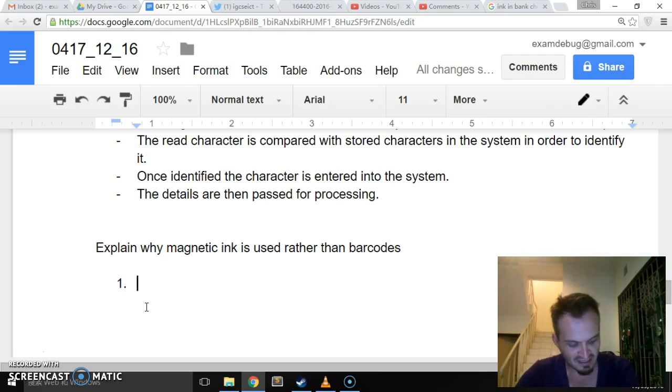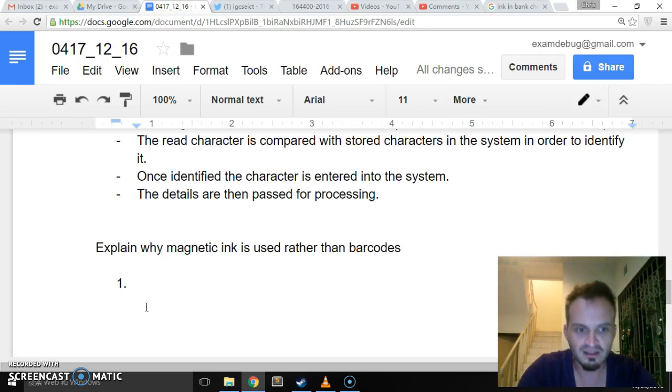Okay, and then we're on to this last little question. Explain why magnetic ink is used rather than barcodes on a check. So you kind of have to know your input devices for this one. There are different ones, and a few of them I have my own question marks as to whether they'll be accepted, but I'll throw out what I think it might be, and you can debate below whether or not it's right.